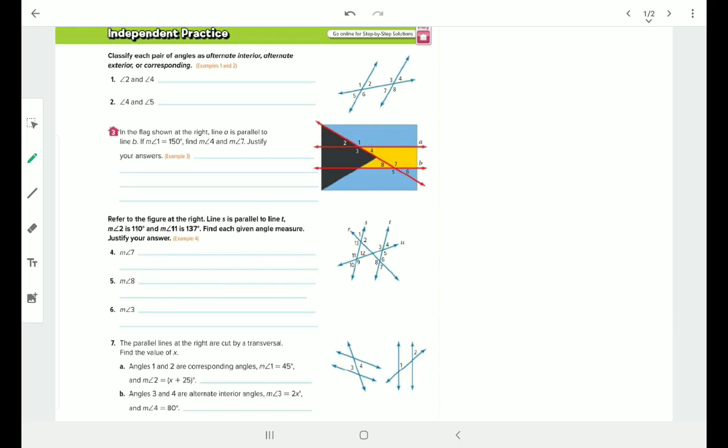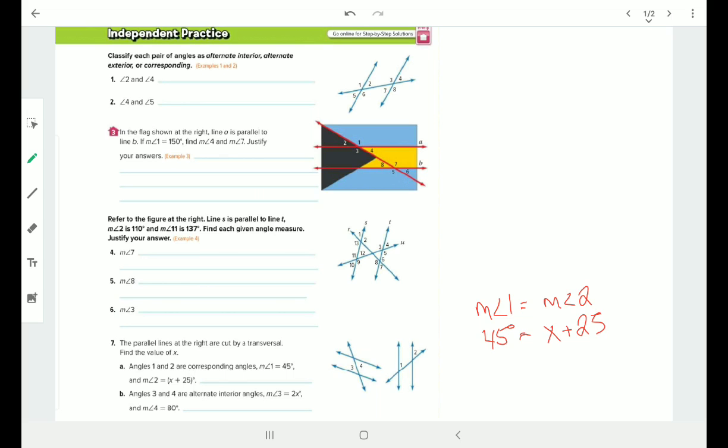What does that mean? They're congruent. They're equal. So that means the measure of angle 1 equals the measure of angle 2, right? Well, the measure of angle 1 is 45 degrees, and the measure of angle 2 is x plus 25 degrees, right?